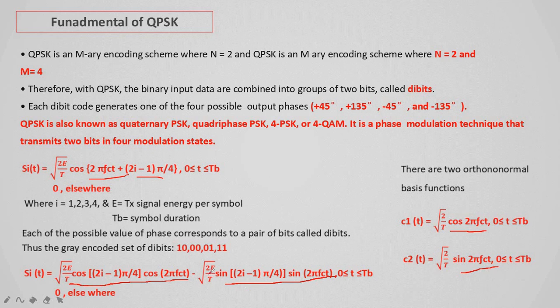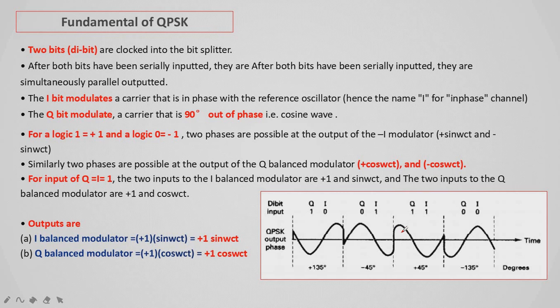And here you can see that cos 2 pi f_c t is the orthonormal function phi 1 of t, and sin 2 pi f_c t is the orthonormal function phi 2 of t. So you can combine these two at the end and you can generate the QPSK signal. Okay. Next, this is the fundamental of your same QPSK, how we are going to identify.